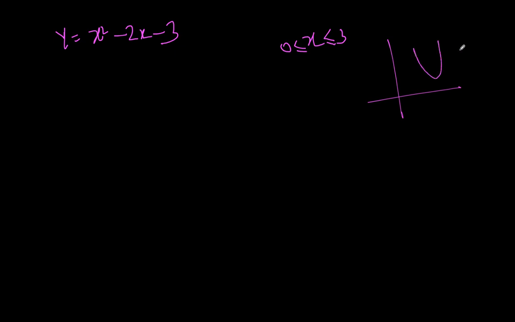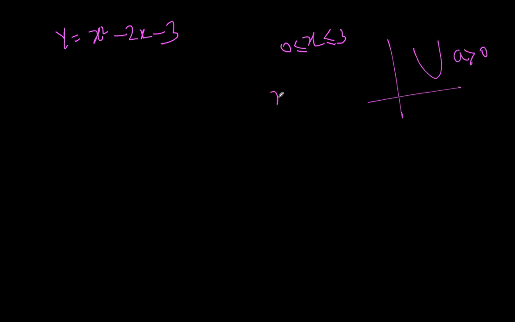So let's take one question based on that and we'll finish this session. Let's say y is equal to x square minus 2x minus 3. Now I say find the maximum and minimum in the domain 0 to 3. First we will see that the curve is upward because a is greater than 0.